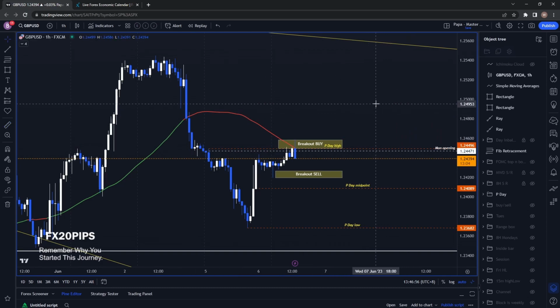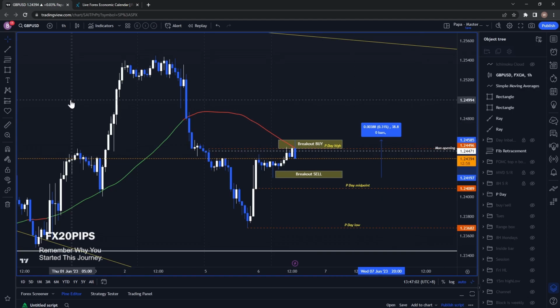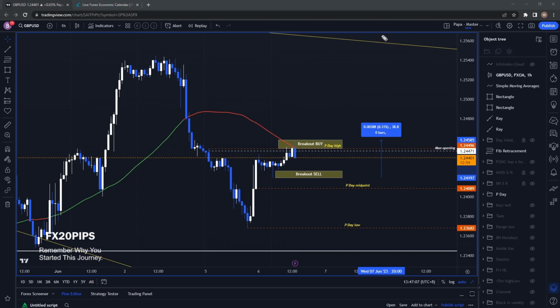Okay, what is the total length of it? From here to here, 38.8 pips. Okay, depending on how confident you are for the trades, if you buy up here, the stop loss could be below the breakout buy, which is exactly the previous day high.